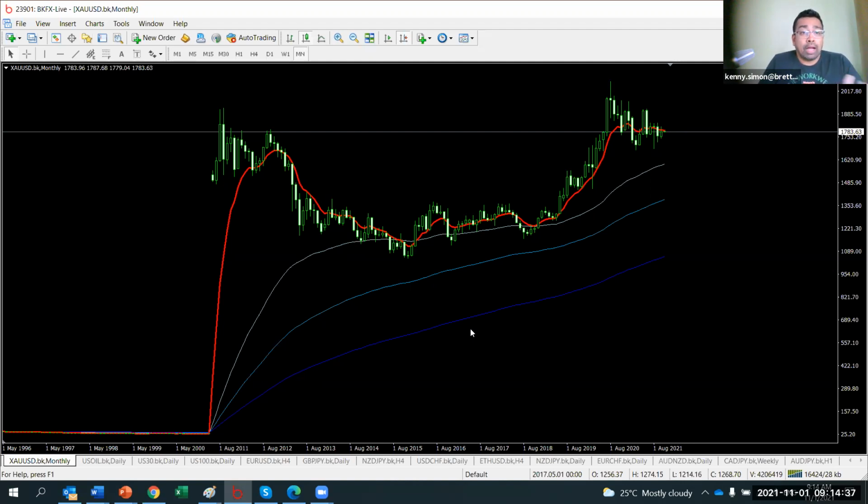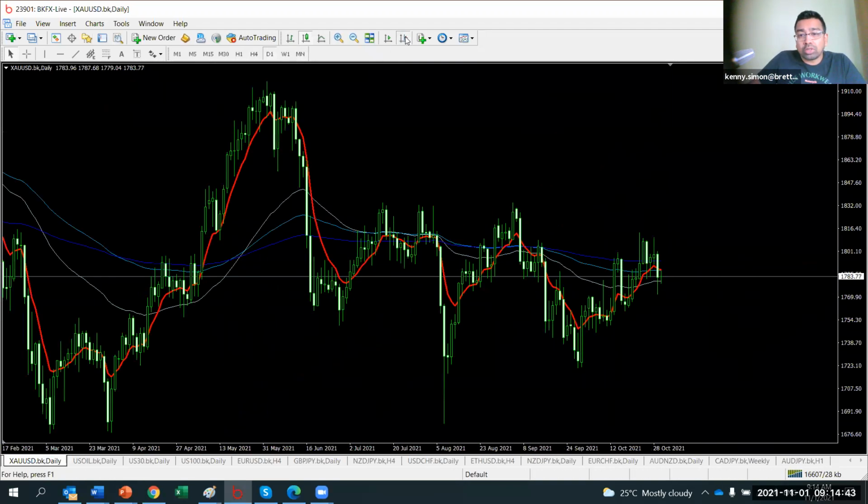Okay, so let's get going with this, and let's start off with, let's say, the daily chart. But I want to go on to gold, because there are a lot of questions about gold, what's going on with gold and what's going on with the US dollar, of course, the impact in the US with the inflation rates, interest rate decisions, and various other things.